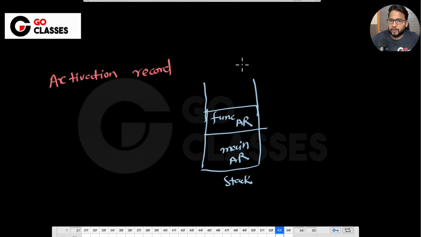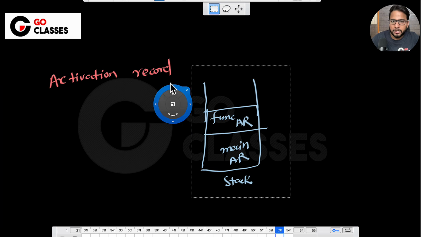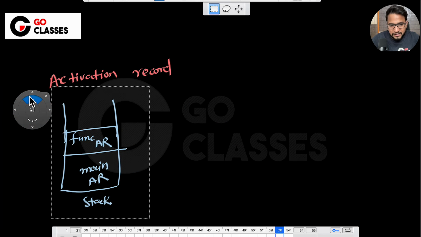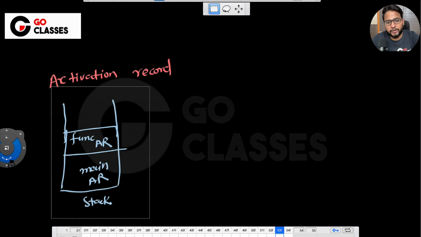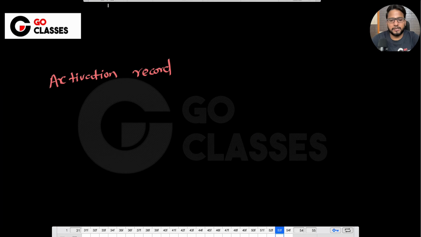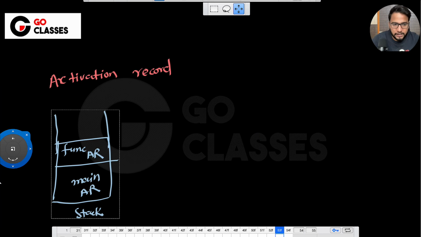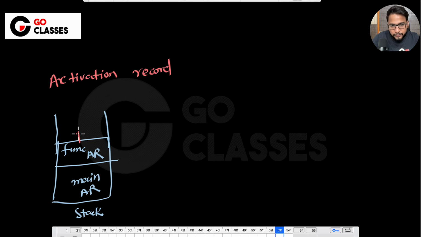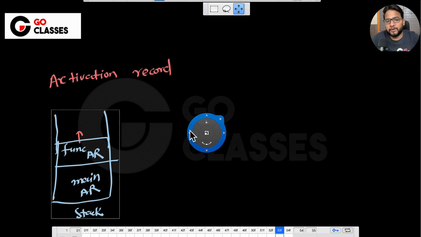So this is the main activation record, this is the func activation record. Okay, so I hope you understood. That's how we are pushing the activation records. Now, interestingly, this stack that we are talking about can grow upwards or downwards, depending on the architecture. So what do I mean by that? Let me just show you.